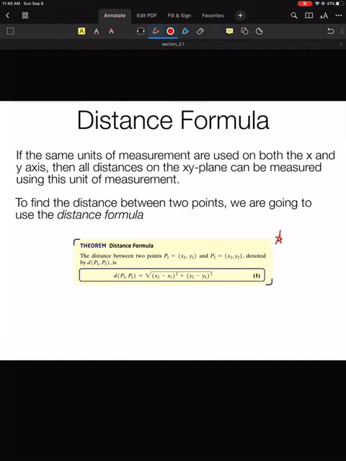We're going to find the distance between 2 points using the distance formula. Here they define P1 and P2 as point 1 and point 2, and that's where they're using the P's, as x1, y1, and x2, y2.